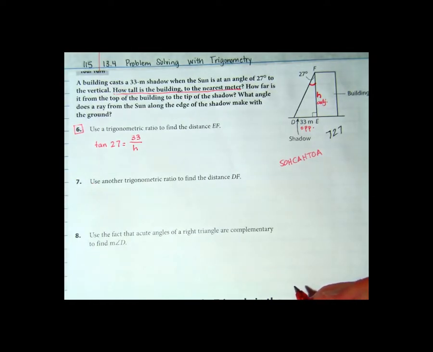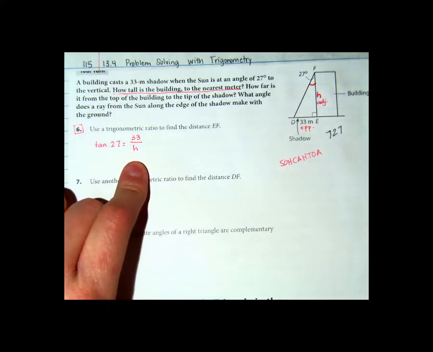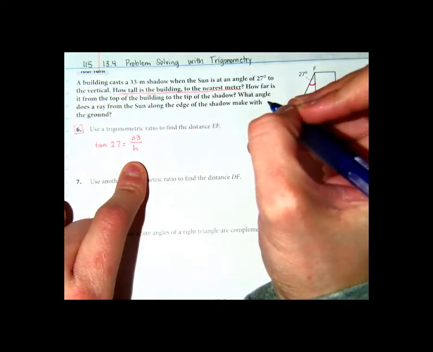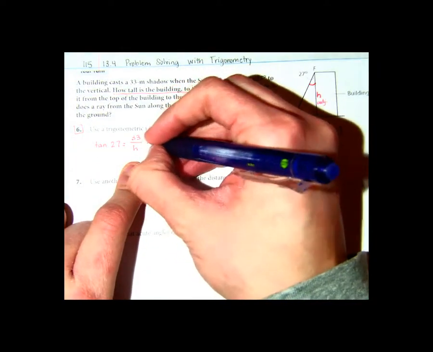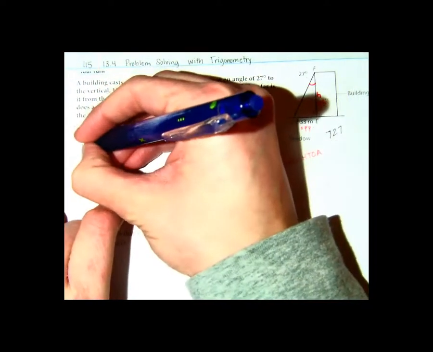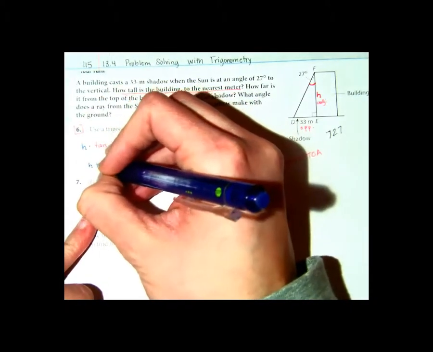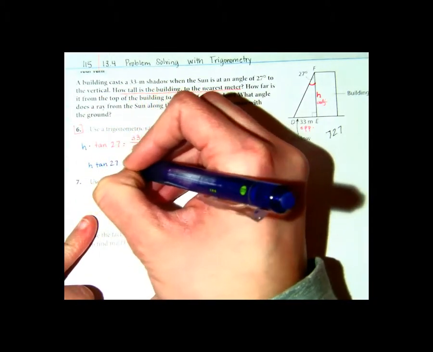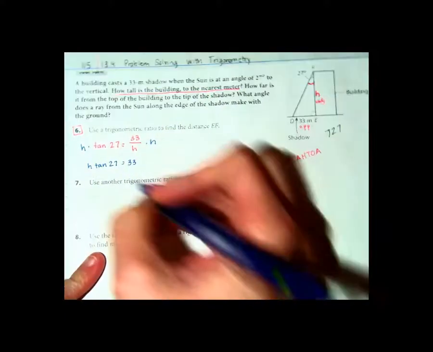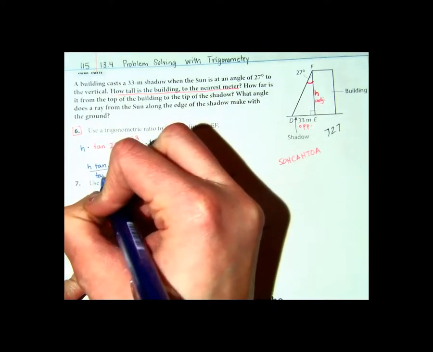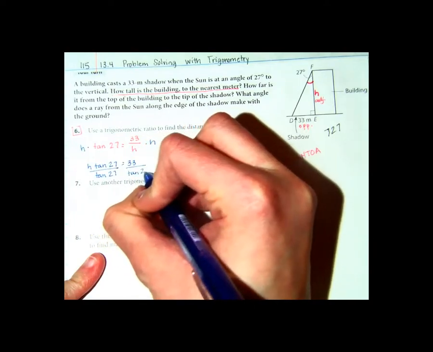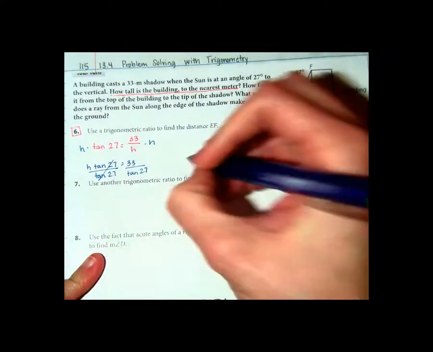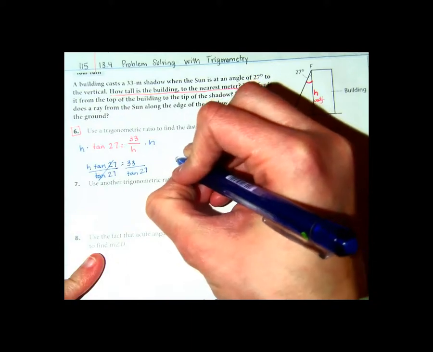Okay, how do I solve one that's like this again? What's the first step to do that now? Times H. So H tangent of 27 equals 33, and then we do what? Divide by tangent of 27. What are you actually going to do to find the value of H, which is actually EF?